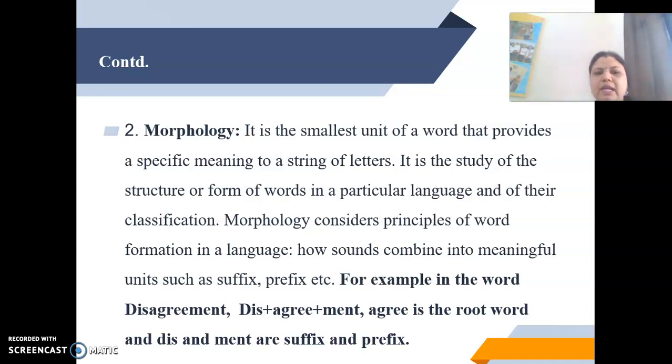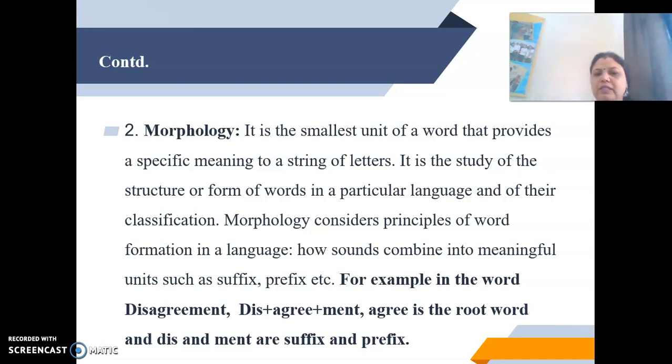These letters don't have any meaning. But when I arrange these letters in a meaningful order, they communicate a specific meaning. Then only we can say that these letters are useful for communication. So it is the study of the structure or forms of words in a particular language and of their classification.